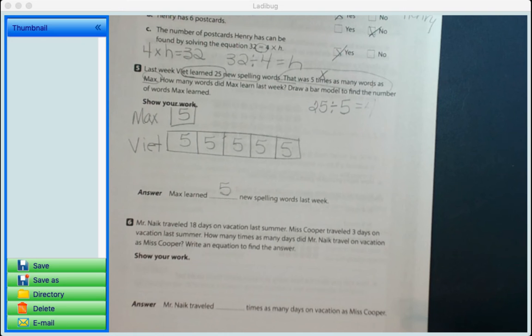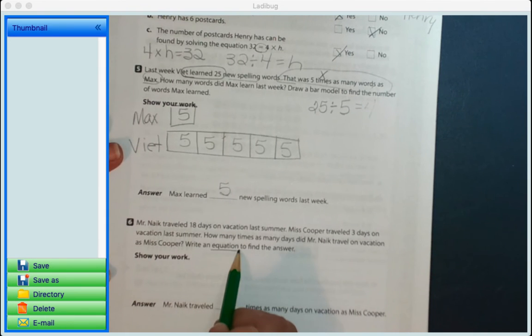Number 6. Mr. Nyack traveled 18 days on vacation last summer. Miss Cooper traveled 3 days on vacation last summer. How many times as many days did Mr. Nyack travel on vacation as Miss Cooper? Write an equation to find the answer. All right, so this time it's just asking us for an equation.